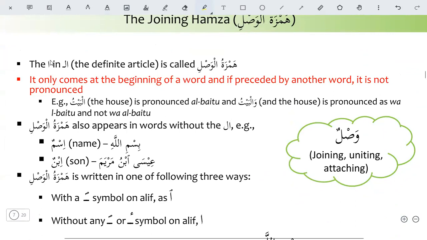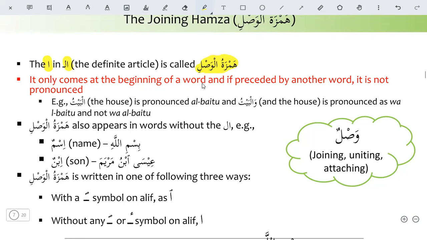Okay, the alif of al, the definite article, is called hamzatul wasl. It only comes at the beginning of the word.